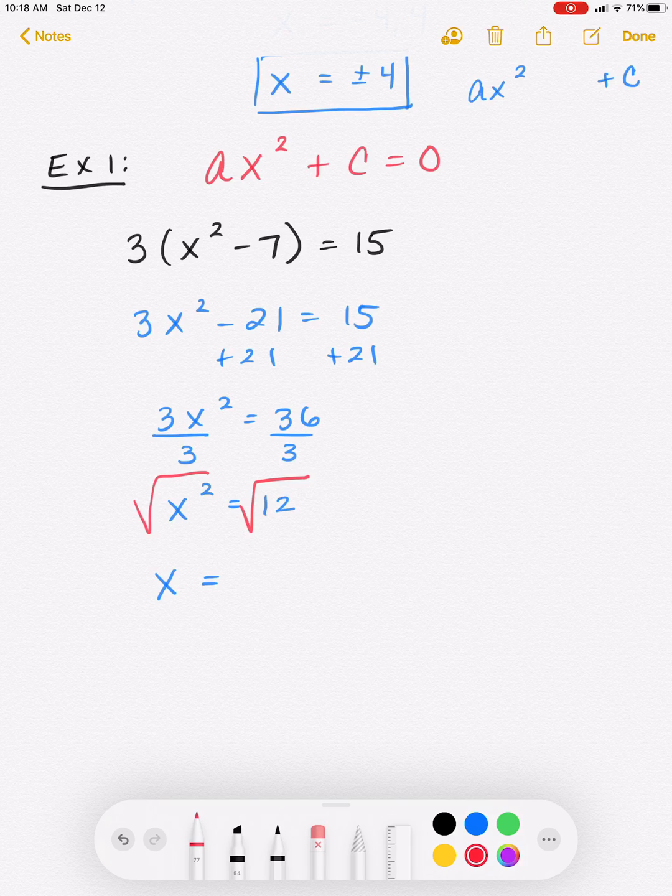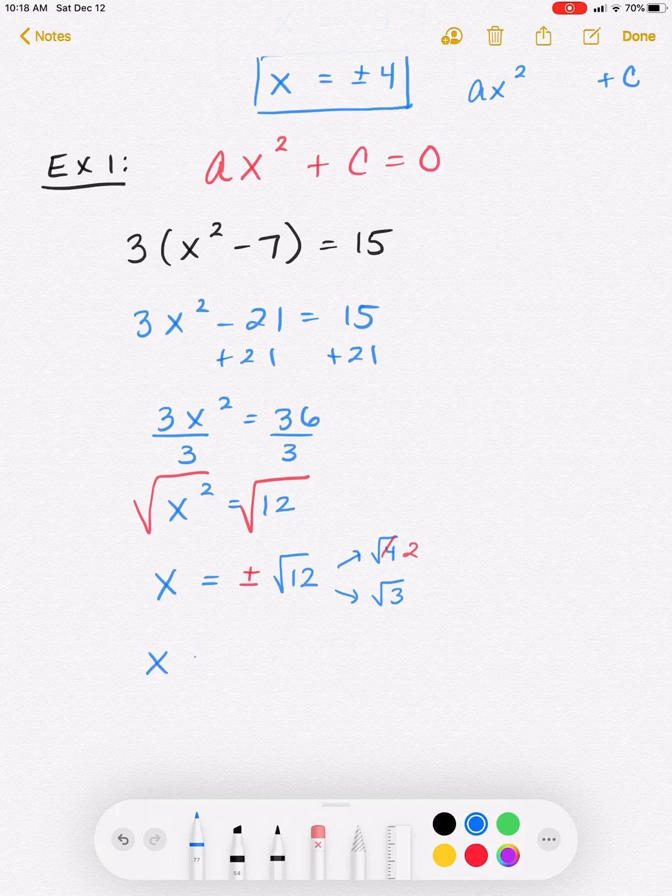The solution is going to be plus or minus the square root of 12. Again, we're thinking about a parabola that crosses the x-axis twice. Now we're going to simplify our final answer. Whether the directions say it or not, from here on out, it is assumed. I'm going to split this into square root of 4 times square root of 3, and then I can cross out the square root of 4 and make it a 2.